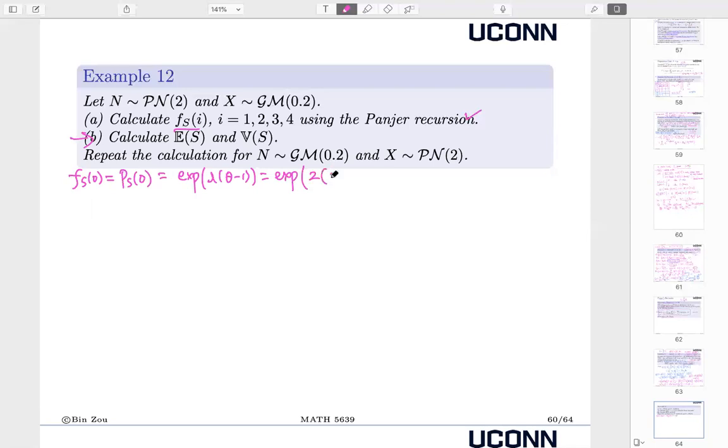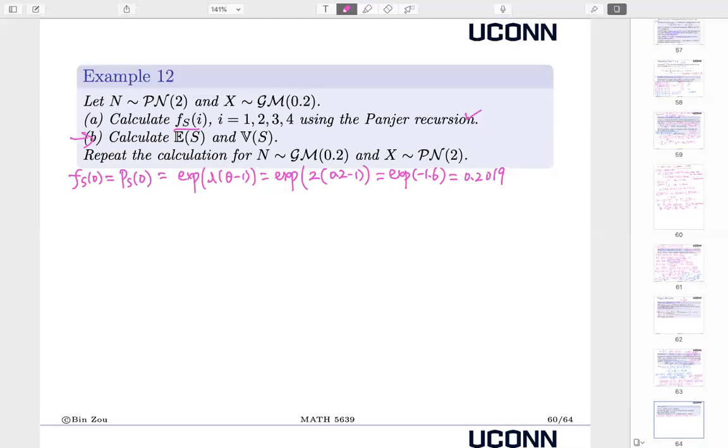Lambda is 2, theta is 0.2, so this is exponential negative 1.6. If you calculate, the probability is about 20%. I keep 4 decimal places, because eventually this is a percentage.